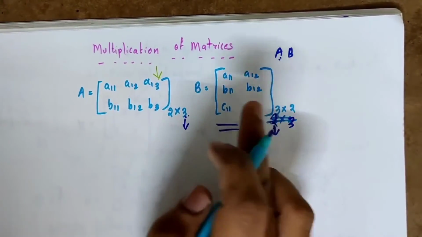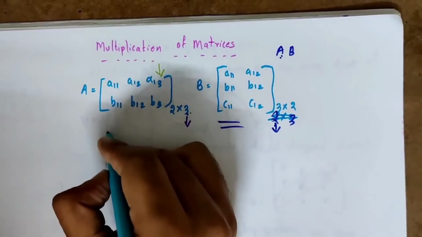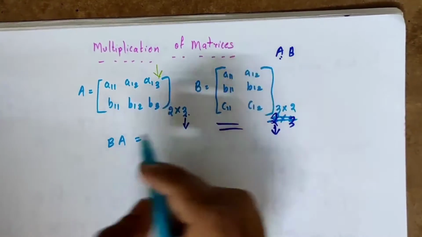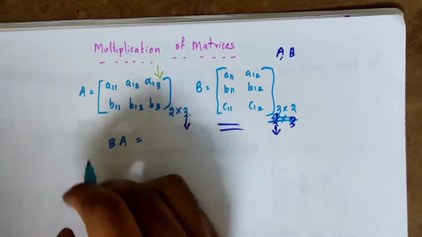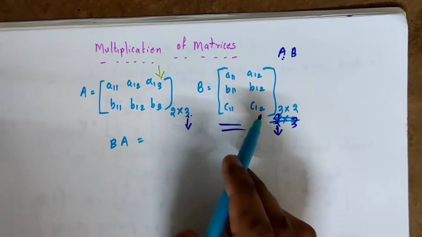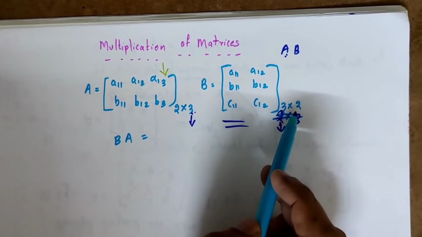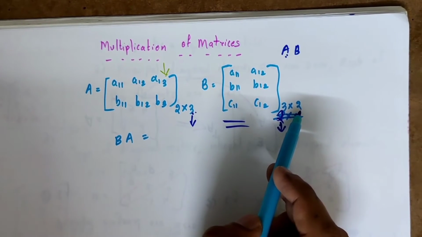If the case was reversed, like I was doing B into A, you people have to answer me whether the multiplication BA is possible or not. Just think for a while and answer me. Yeah, it is not possible. Why?